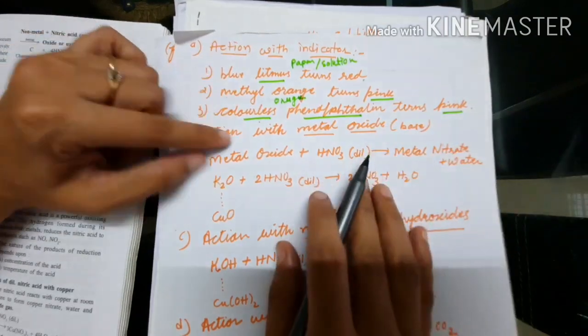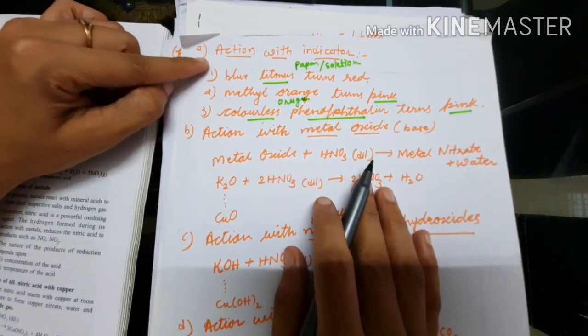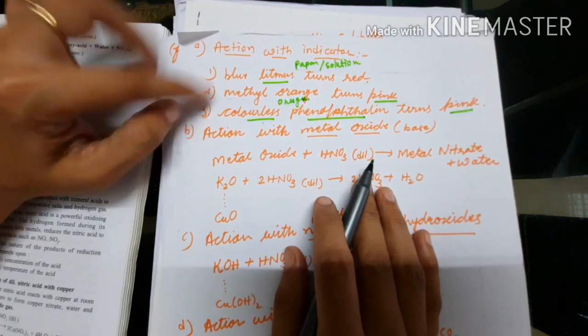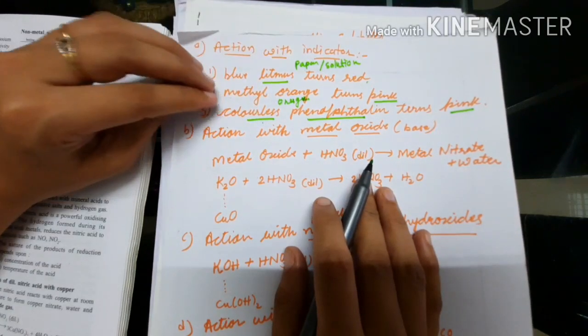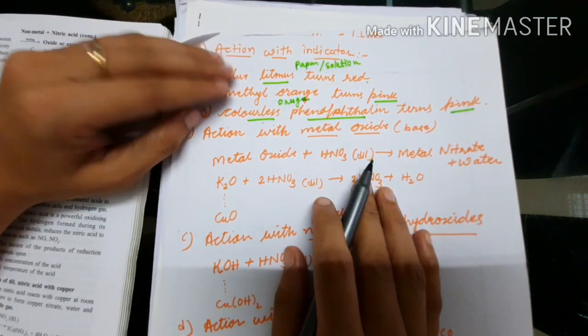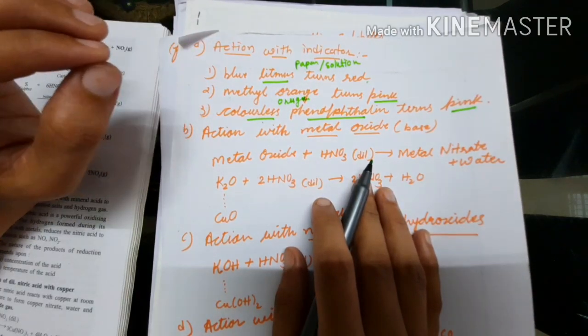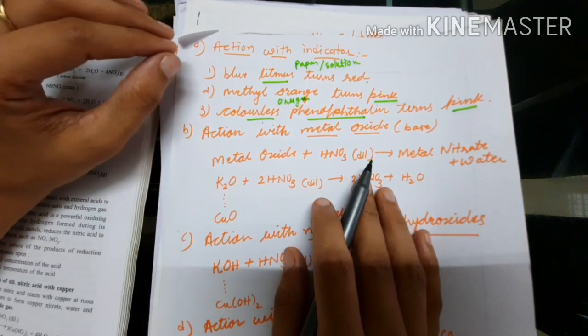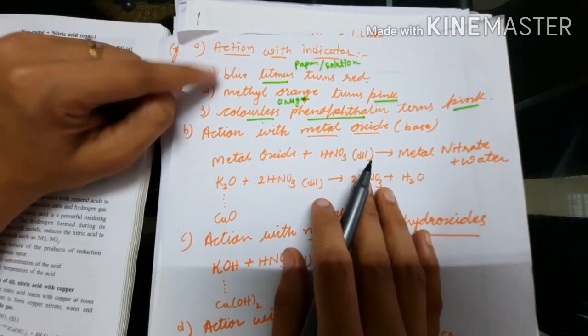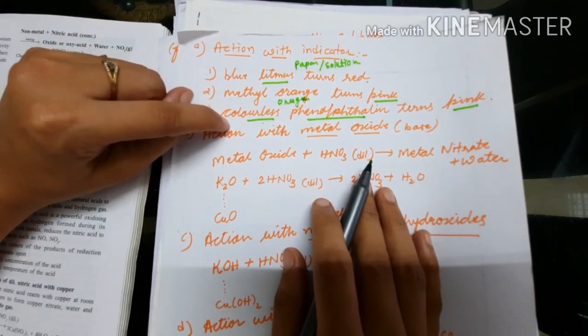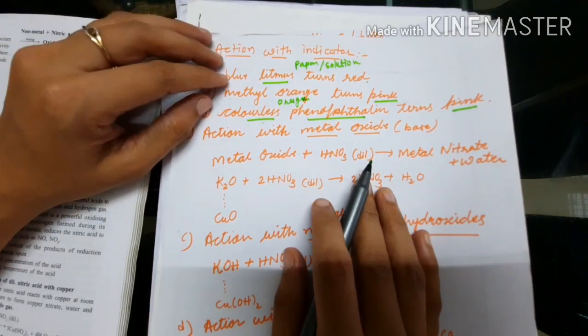Okay, so this is the action with the indicators: litmus paper, methyl orange, and phenolphthalein. For all the acids, the same thing happens. For all the acids, which means concentrated HNO3, and HCl, and H2SO4. Okay, so all of them give the same reaction with the indicators because they are acids.